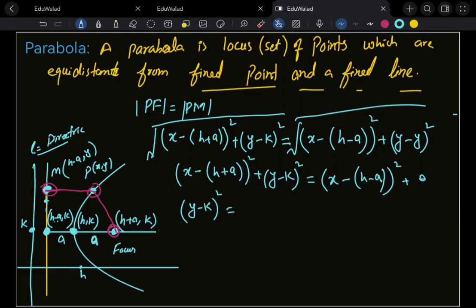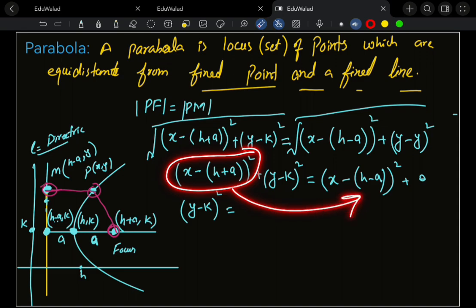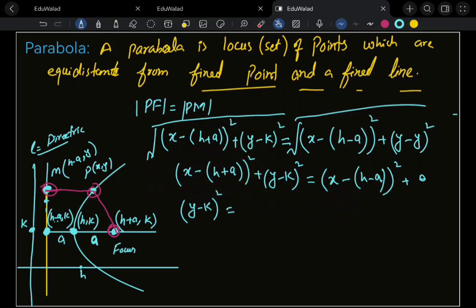Take the value of this expression to the right side of the equation. This expression will go to the right side. There is a positive sign, so when it goes to the right side, it becomes negative. So x minus h minus a whole squared minus x minus h plus a whole squared.